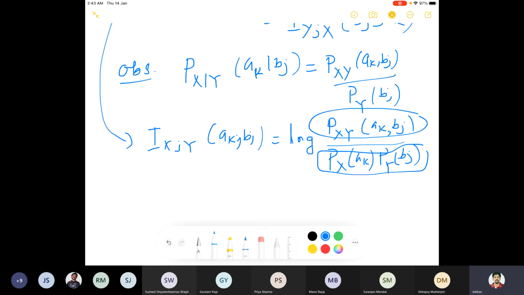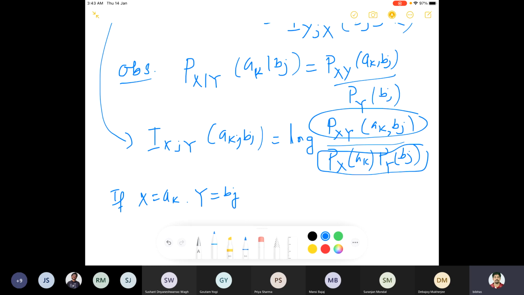Here, the events are, so if X equal to AK, and if we consider these two events, if they are mutually independent, then the denominator is equal to the numerator. Okay, so that means if you take the log, then this is equal to 0.